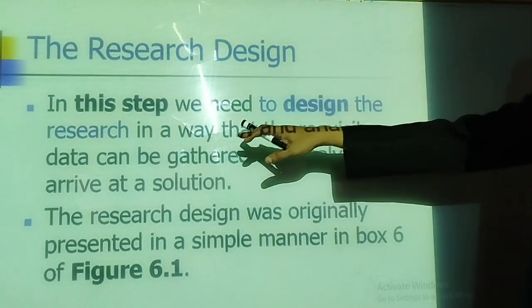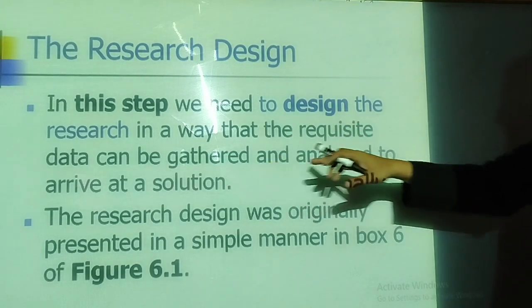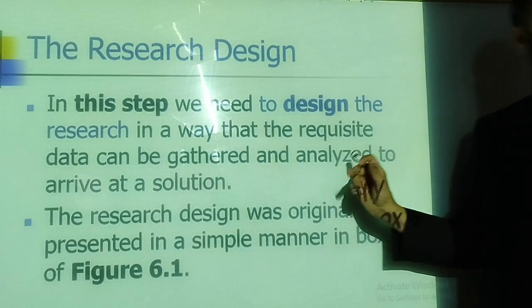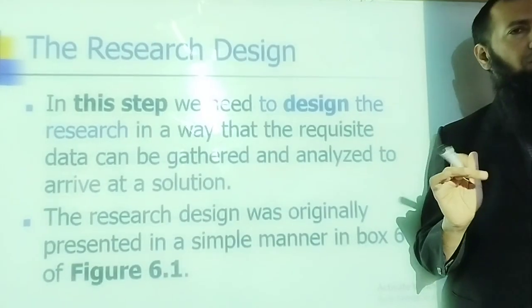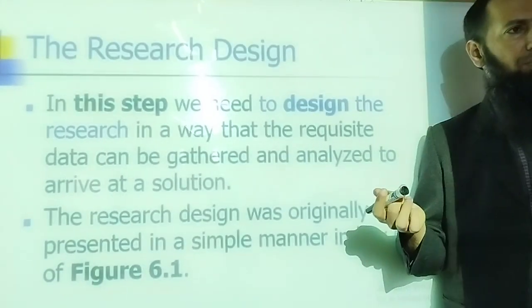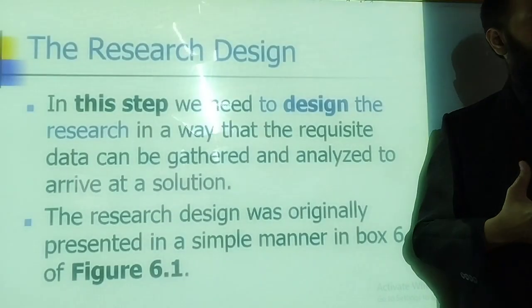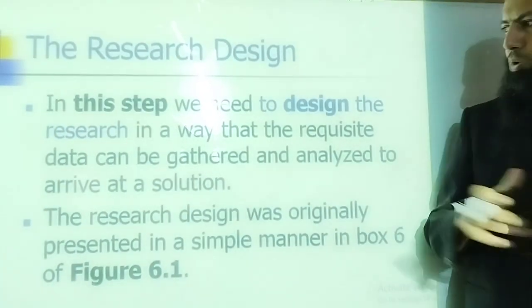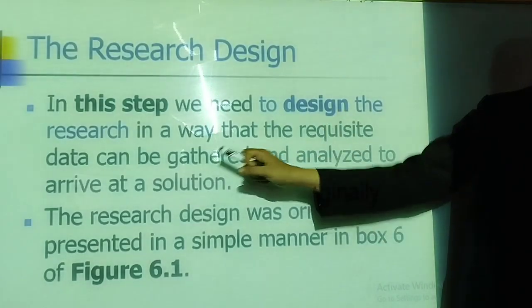Research design. In this step, we need to design the research in a way that the requisite data can be gathered and analyzed to arrive at a solution. What we talked about in the hypothetical deductive method, we talked about identifying the variables and developing the hypothesis, etc. So here you see the design is to be done in a way that the requisite data can be gathered.